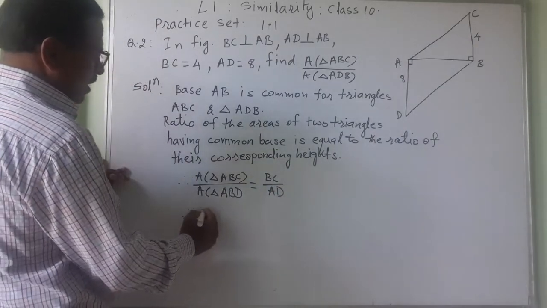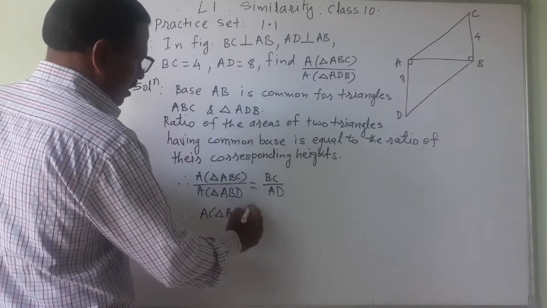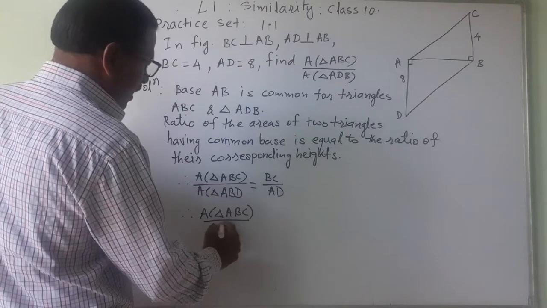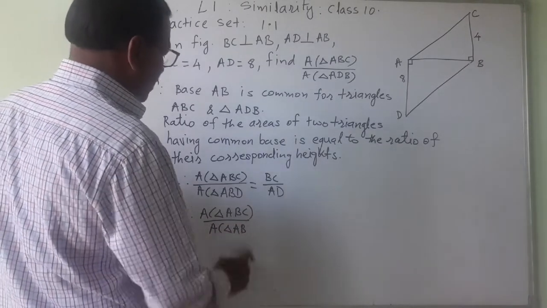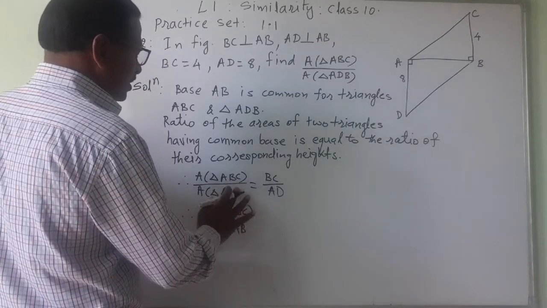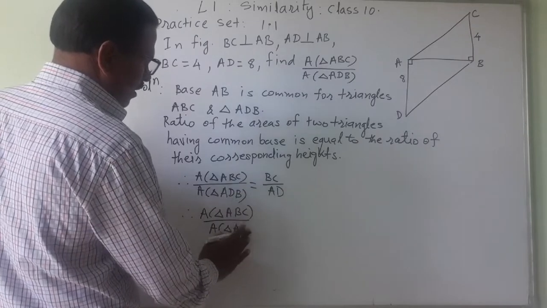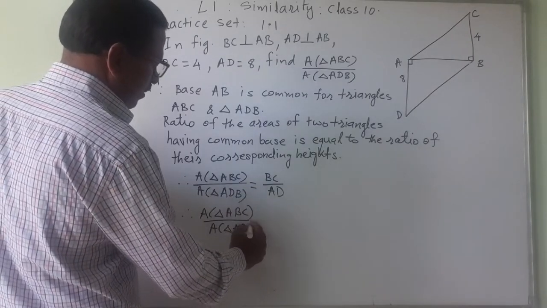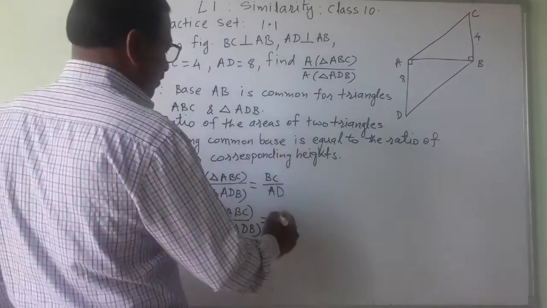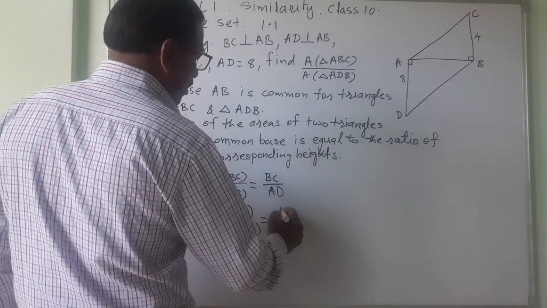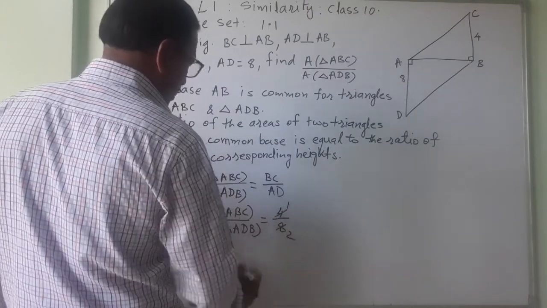Therefore, area of triangle ABC upon area of triangle ABD, or ADB, they have asked ADB, I will not change the sequence, is equal to the value of BC, 4, upon AD, 8. 4 ones are 4, 4 twos are 8.